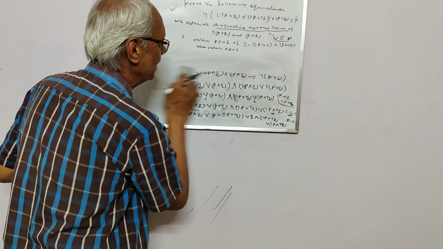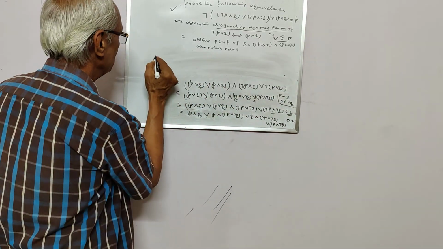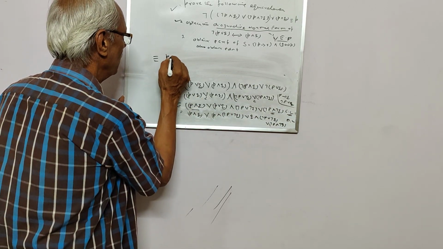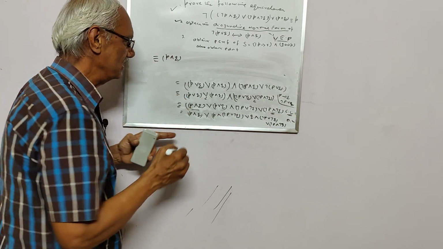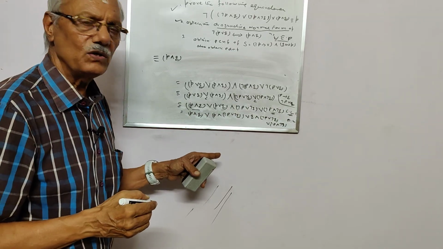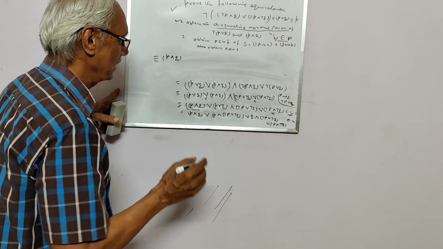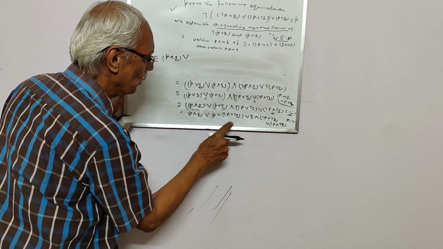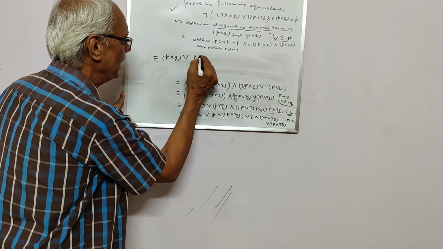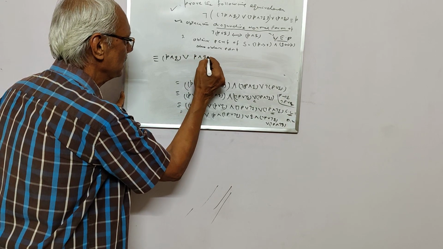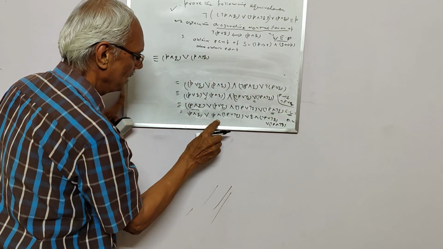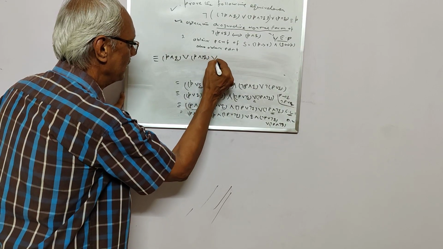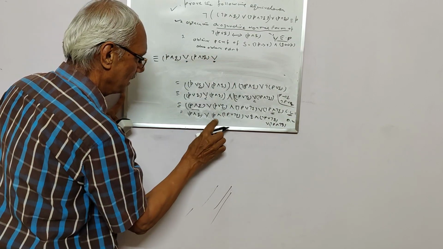So what do I get here now? Don't disturb this, let it be as it is. So this is your elementary sum. Even P intersection Q is an elementary product. And then you have got this. Take this inside. When you take this inside, P intersection negation Q, P conjunction negation Q, then I will mark like this.